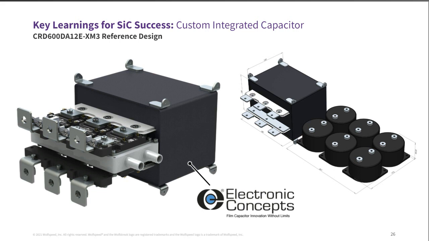So a pretty easy trade-off to make, but really enabled by the double-sided cold plate and this custom capacitor. So this custom capacitor is available. You can see the design files for it from Electronic Concepts, and understand what we did with them to create this custom integrated busing solution.